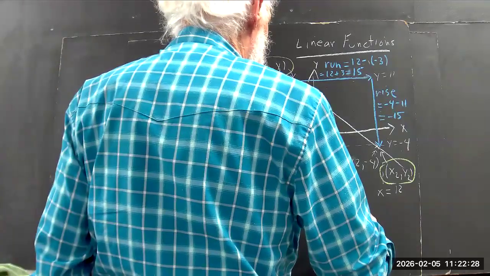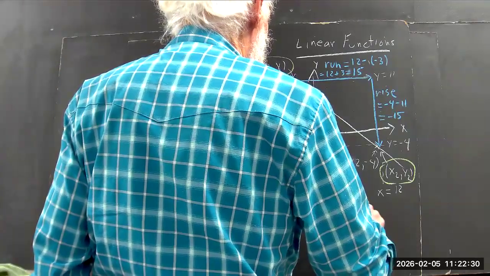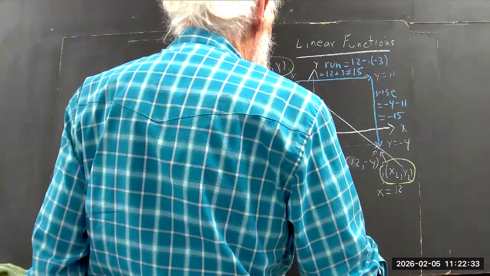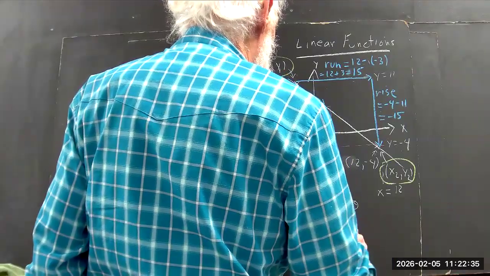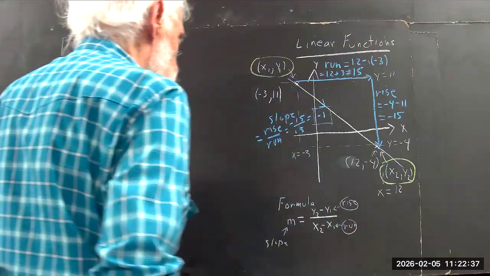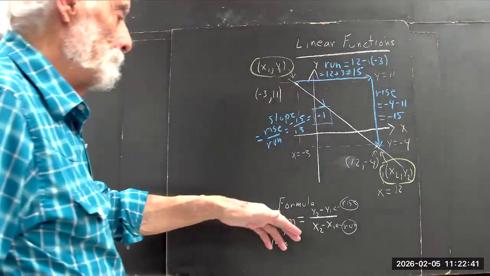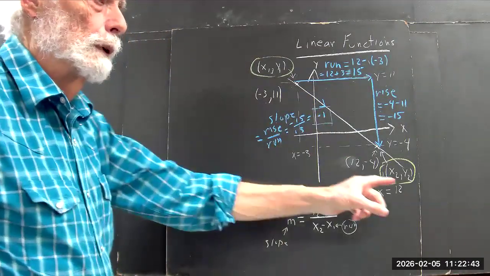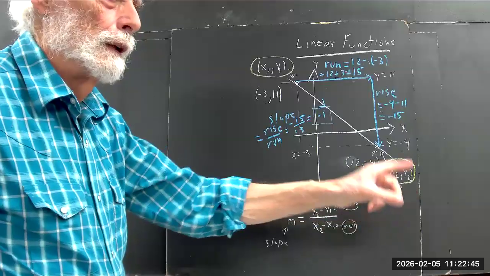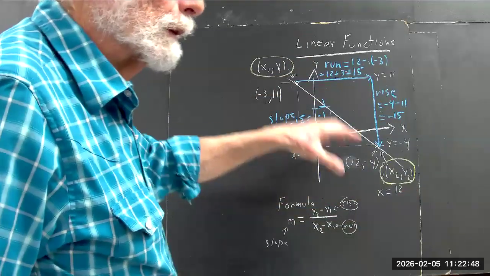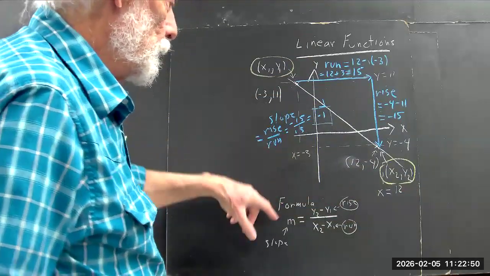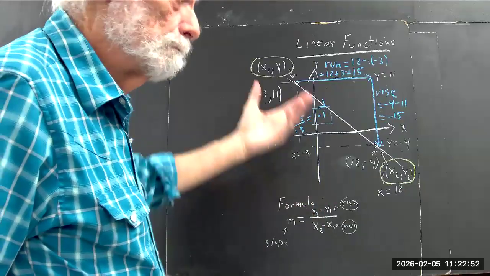And I'll point out that the rise is the numerator and the run is the denominator. Okay, well, one way or another, if you're given 2 points now, and you know their coordinates, whether numerically or symbolically, you can write out their slope. Okay?